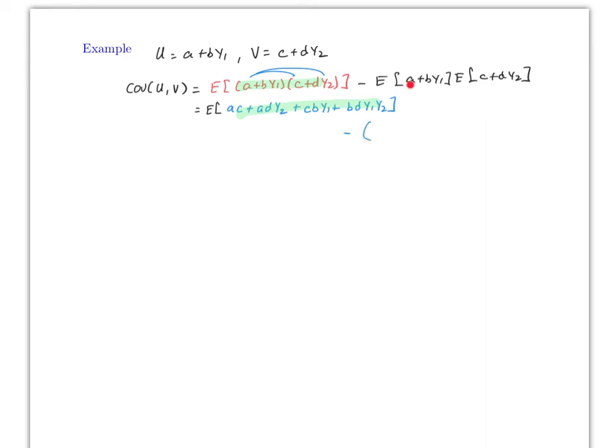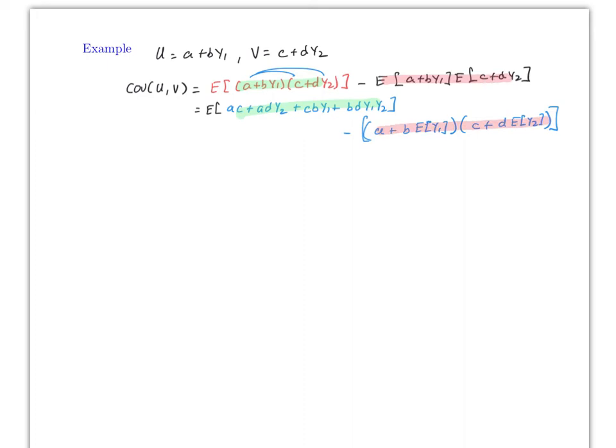Okay, so this gives you this much, then minus the expected value of U, which is just a plus b expected value of y1, because a is a constant, then times c plus d expected value of y2. So all of this is minus this part.